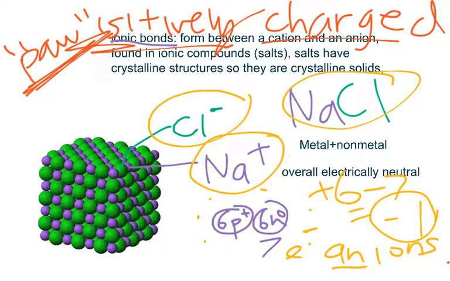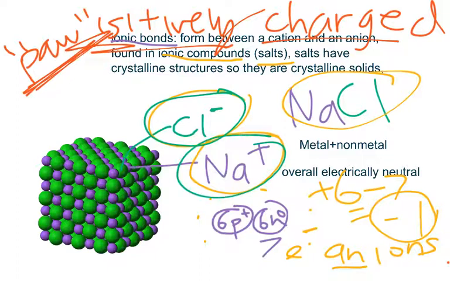We call compounds that contain ionic bonds ionic compounds or salts. Just like a covalent compound or molecule, salts are electrically neutral overall because the negatively charged anions and the positively charged cations cancel out in charge, making the salt overall neutral.